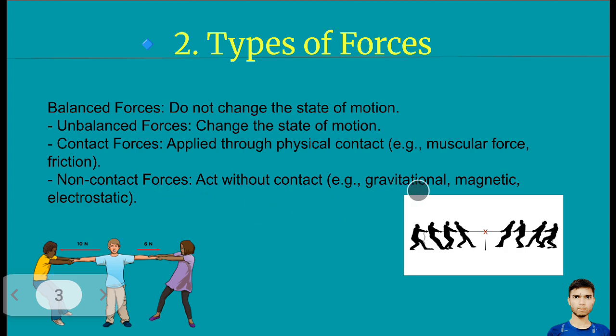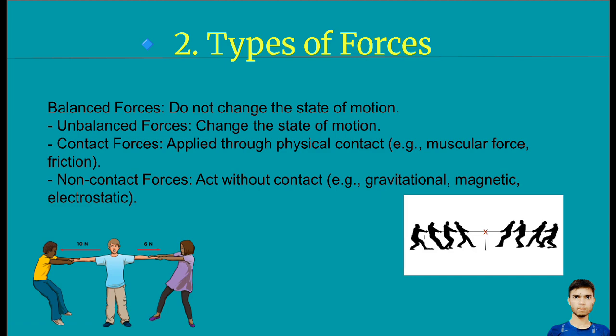Non-contact forces are gravitational force, magnetic force, and electrostatic force. In this case, you will observe that there is nothing, but an object is moving. You can take a magnet and put some nickel and iron in front of it at a distance of some centimeters.